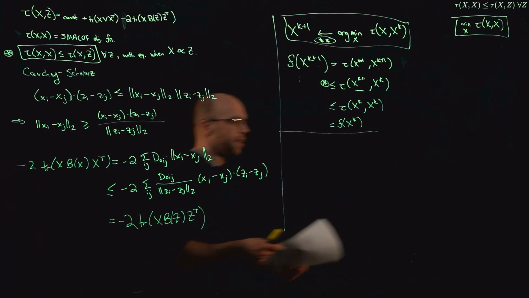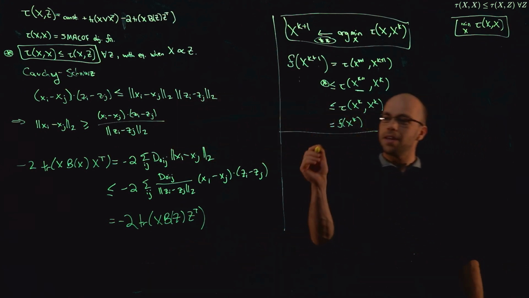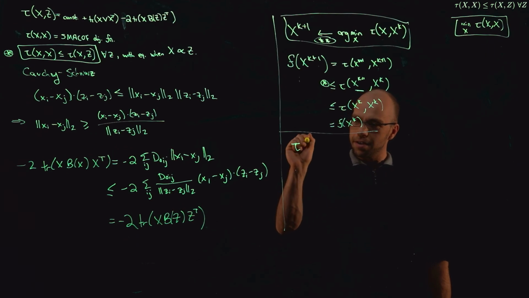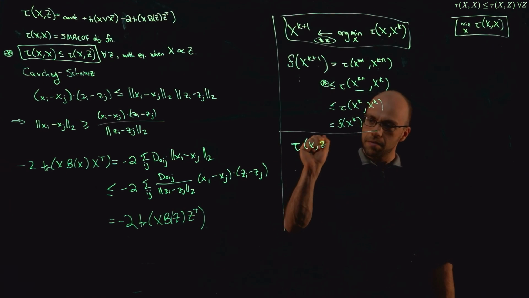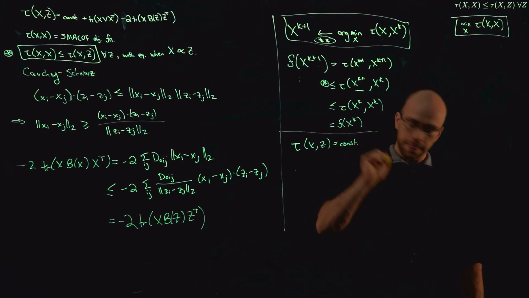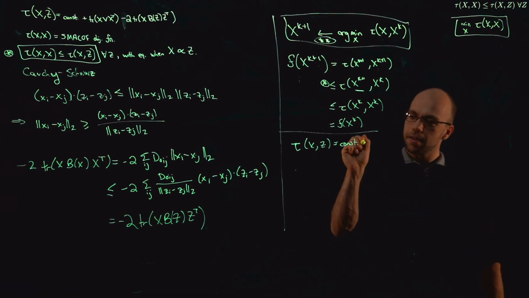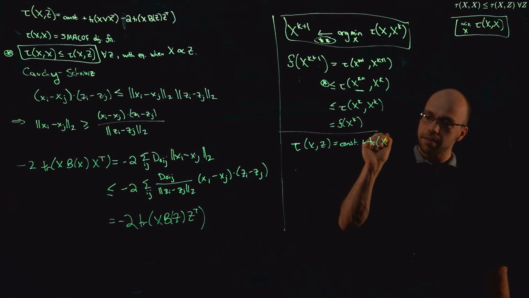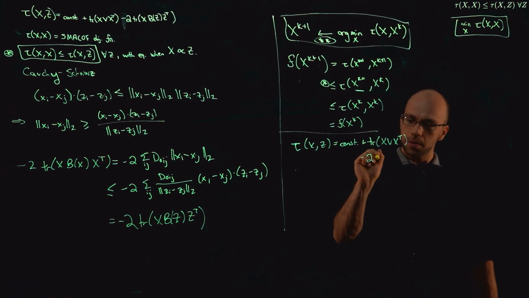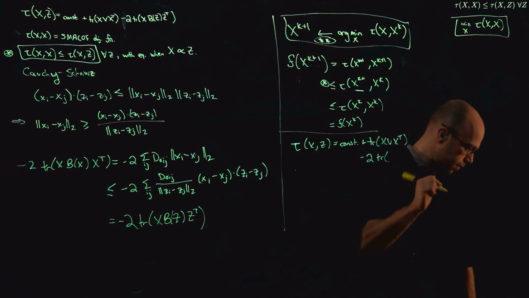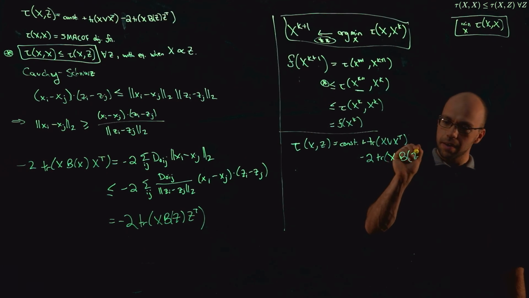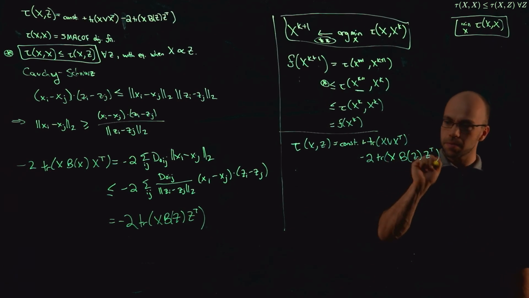So again, if you recall, we have an expression for tau. Tau of x comma z, I'll copy it because I erased it, is equal to this constant term plus the trace of x v x transpose minus 2 times the trace of x b of z transpose.